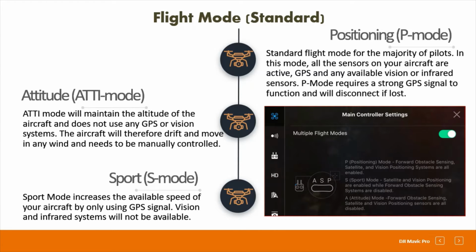The positioning, P mode, is the standard flight mode where you have the GPS and all the vision sensors activated. The ATT mode, the attitude mode, is where there's no GPS and the aircraft is just drifting and you have to manually control it. Sport mode is where you have more mobility using GPS but without all the vision and infrared sensors.